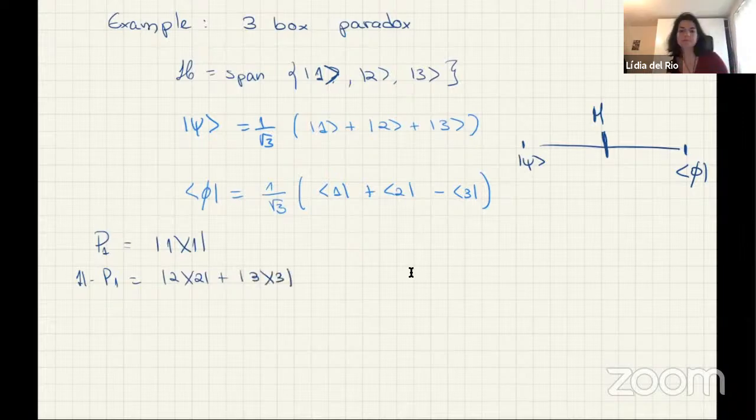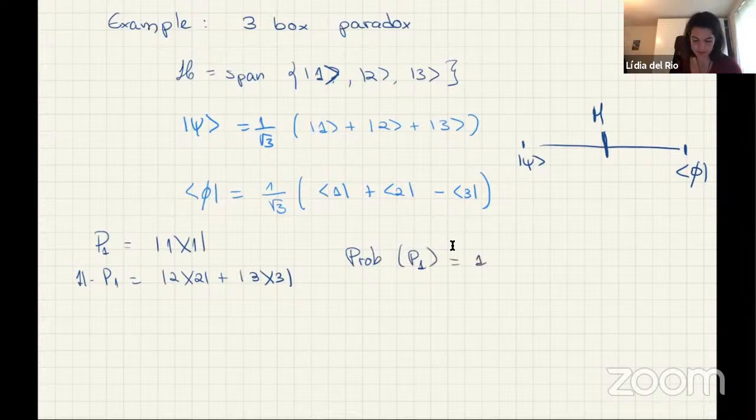Okay. All right. Then it turns out, if you do the math, that the probability of finding it in box 1 is actually 1. So the probability of P1 with this is 1.